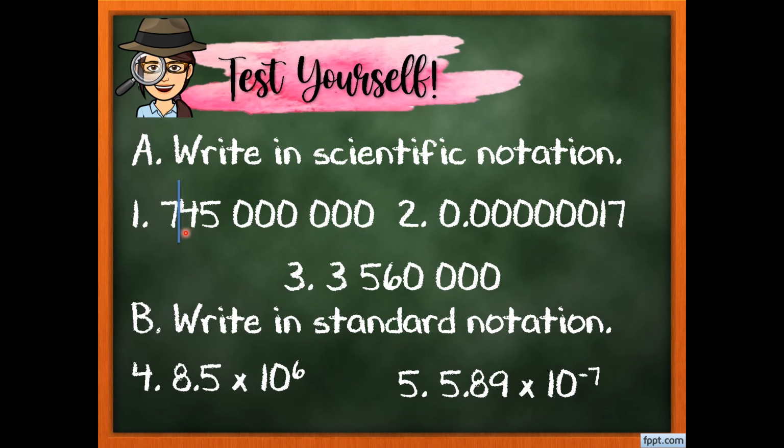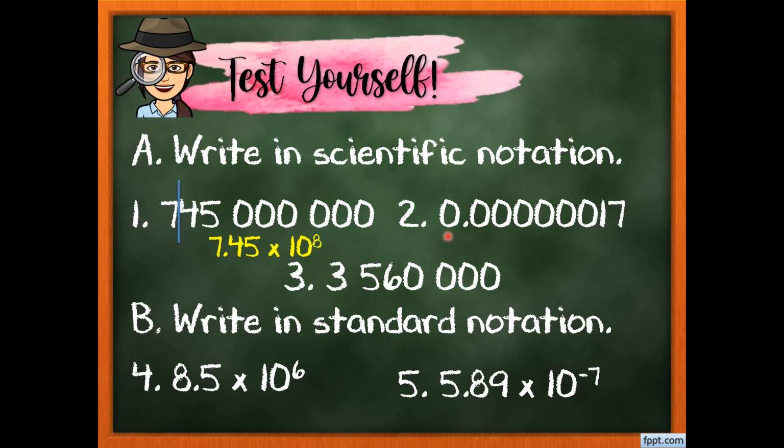So that will be your marker and that will be your decimal point. So how many places do we move? 1, 2, 3, 4, 5, 6, 7, 8. So that is equal to 7.45 times 10 to the 8th power. Since it is a bigger number, it is a positive exponent.